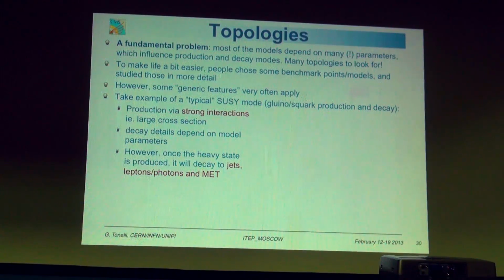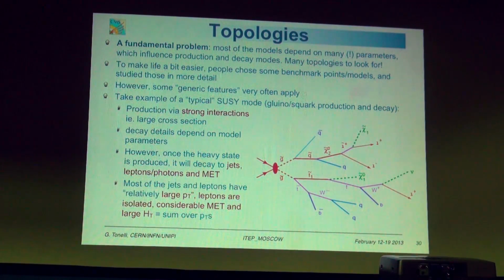You might remember that at the beginning I went through this series of topologies, and this is basically a summary of what I'm saying. We produce a SUSY pair here, and this SUSY pair, at the end of the day, produces jets, or here and there produces leptons, and produces missing ET through neutralino production.